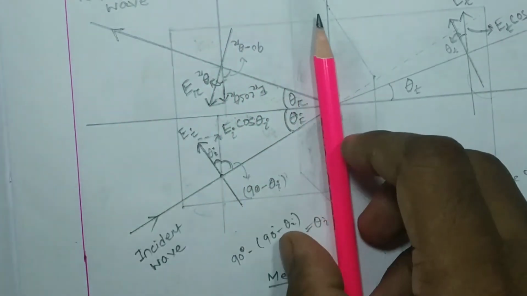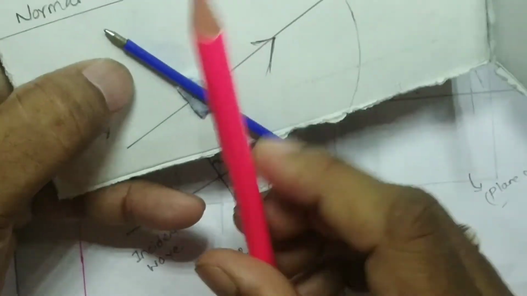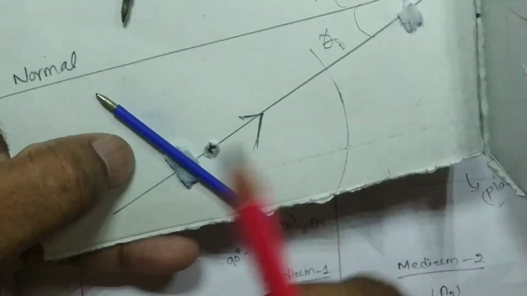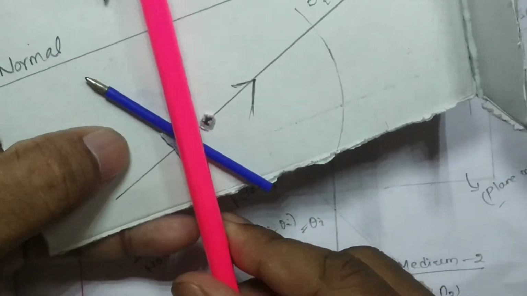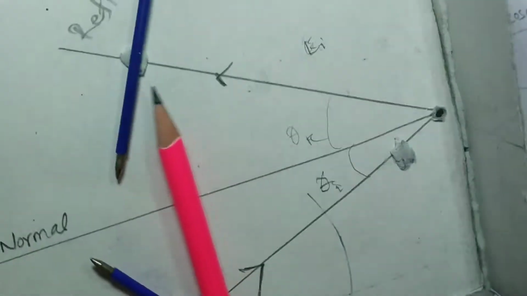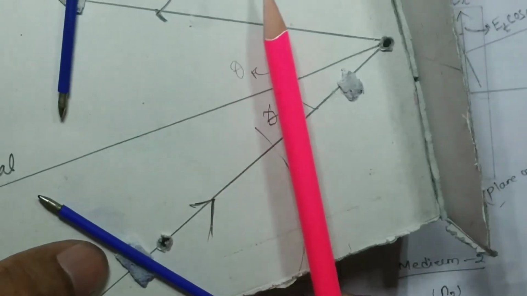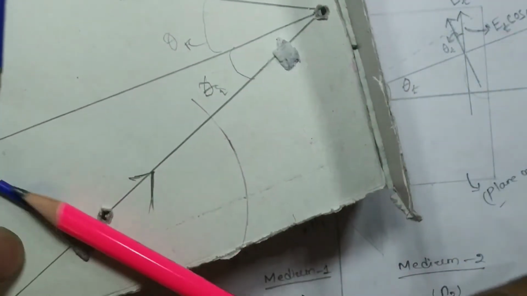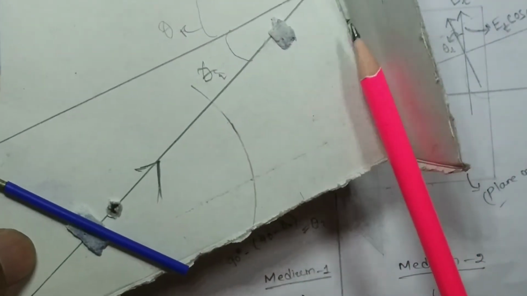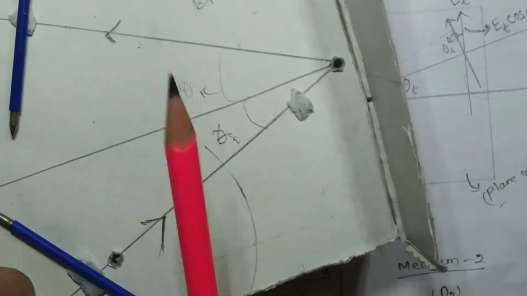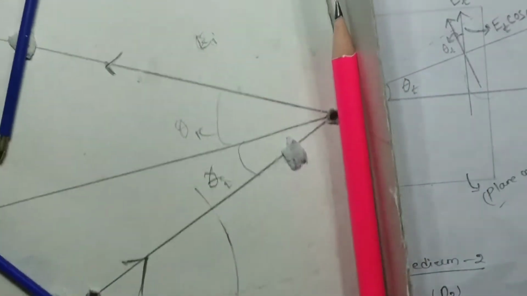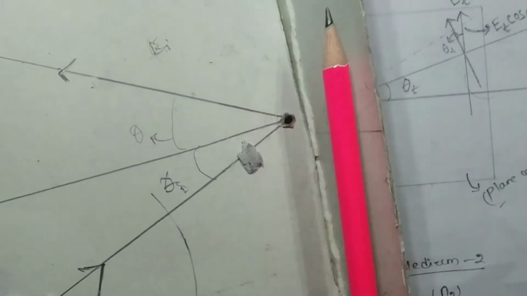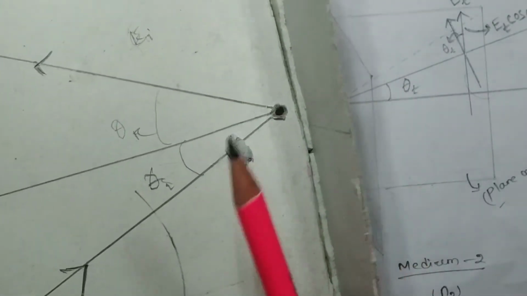Suppose this is your EI component moving towards the interface, the EI cos theta component is moving towards the interface too. When it touches the interface, its cos theta component, that means EI cos theta I component, will also touch the interface and will be tangential to the interface.